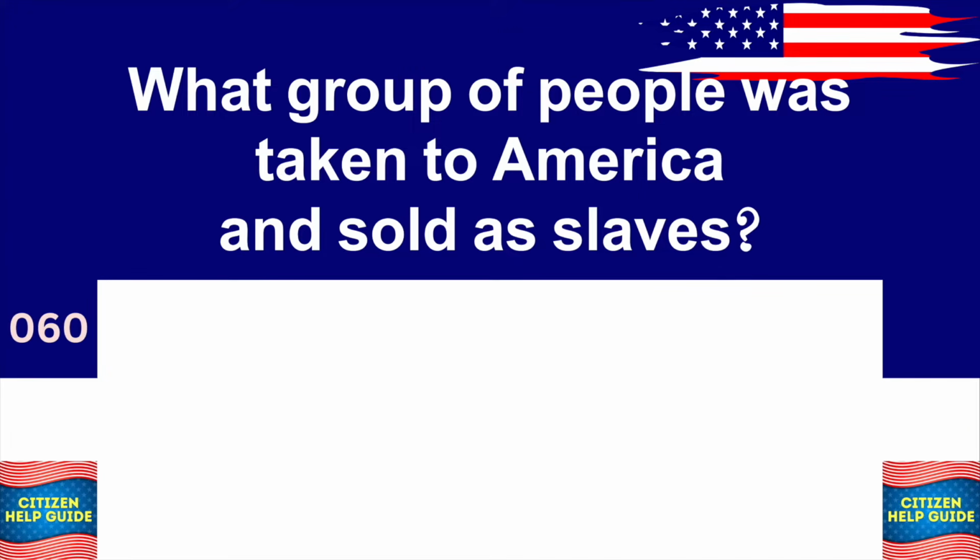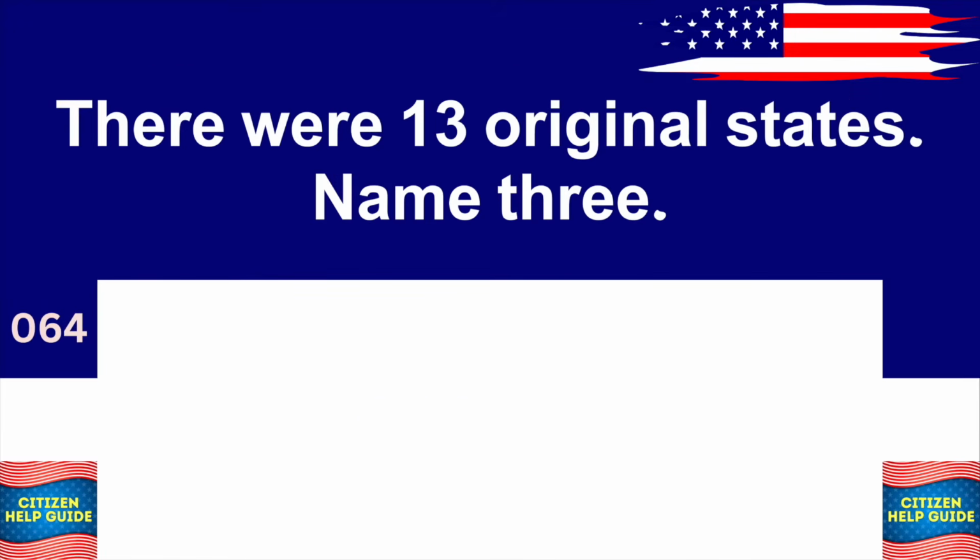What group of people was taken to America and sold as slaves? Africans. There were 13 original states. Name 3.